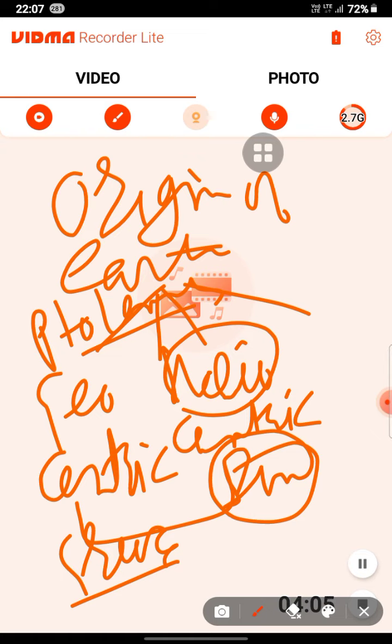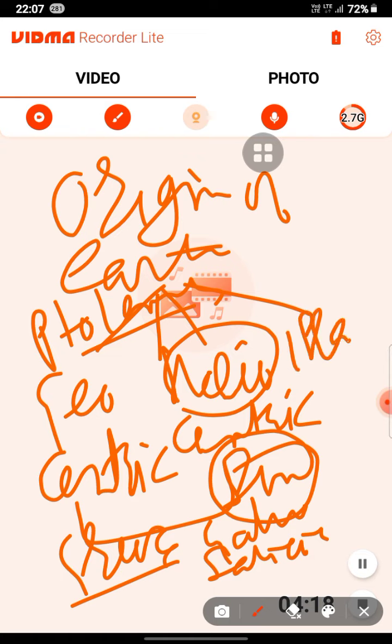Galileo Galilei gave this theory, and Sir Isaac Newton also supported the heliocentric theory, against the geocentric theory.